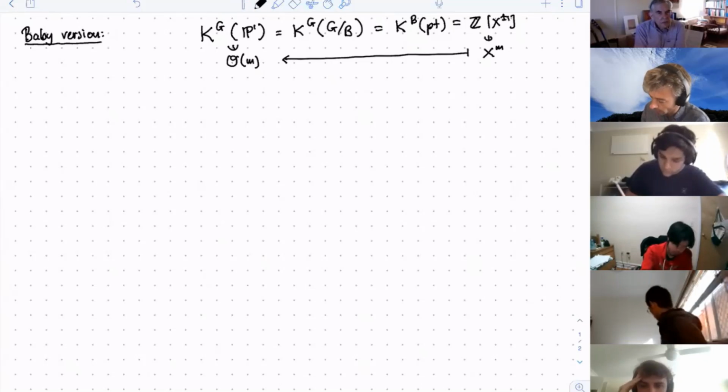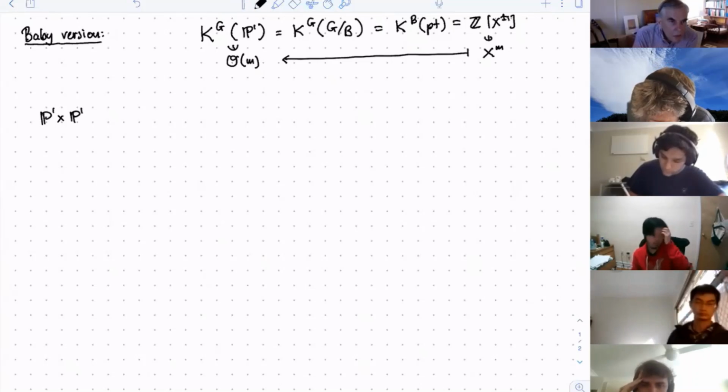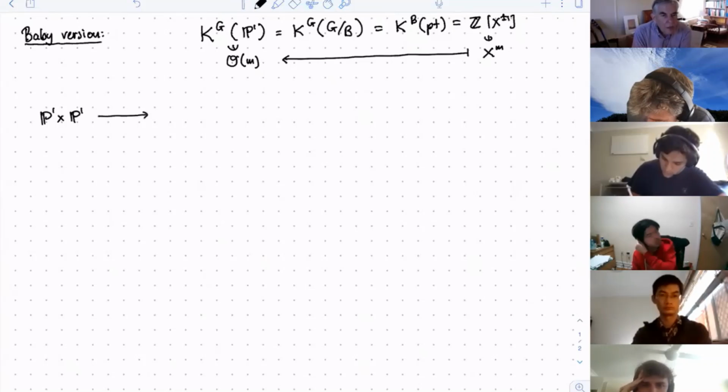So the first claim, which I want to try to convince you of, is just Weil's character formula for P1, or for SL2.